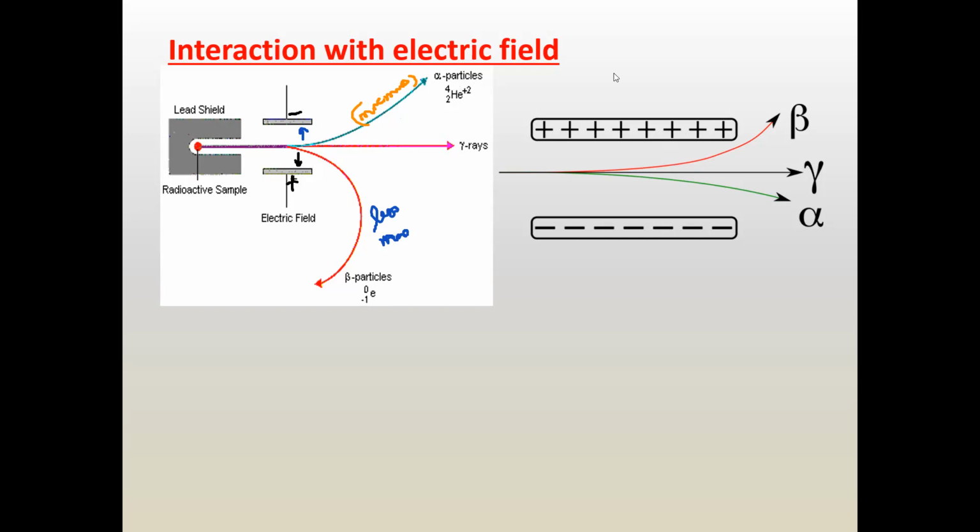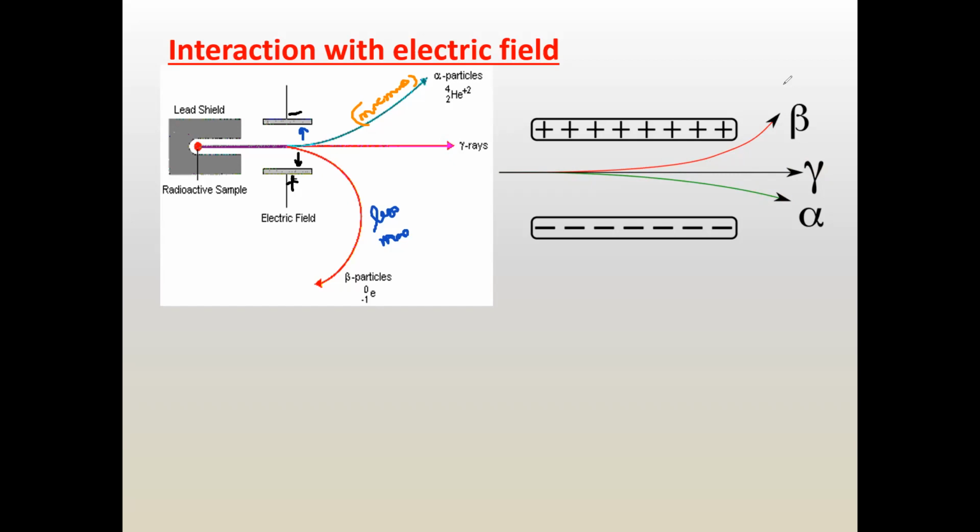Same thing in the second figure. When these radiations are passing, beta are negative, so they're attracted towards the positive. This time beta will go up. Alpha is positive, so it is attracted towards the negative. And gamma is neutral, so it will pass straight, undeflected. When we compare the deflection of beta, you can see the arrow is more curved.